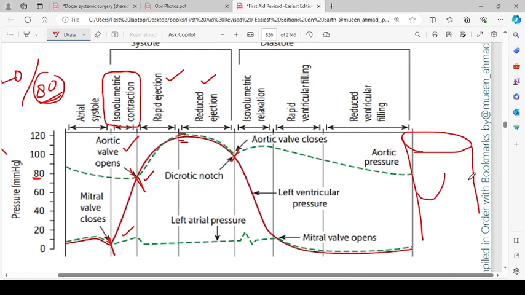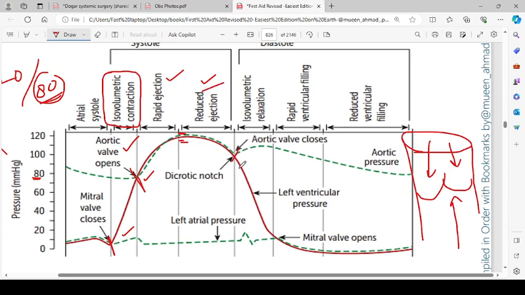It is directed upwards, so the blood that is moving upward exerts a pressure over it, right? So as soon as the ventricular pressure becomes larger than this pressure, it opens, but soon after that the blood re-exerts pressure on the cusps of the valves, and they close when the blood pressure is like 100 millimeters of mercury. But this is not an important detail. Just remember that after a while, after reduced ejection, the aortic valve closes.